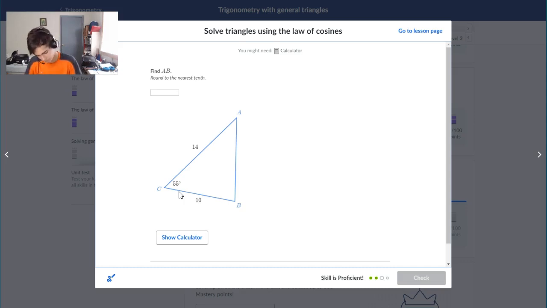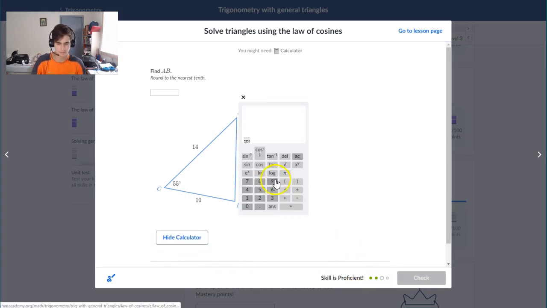And then that gives us 296 minus 10 times 14 is 140, times 2 is 280. But we can't forget cosine of 55. So now we have c squared equals 296 minus 280 cosine 55. So let's find what 280 times the cosine of 55 is right now.